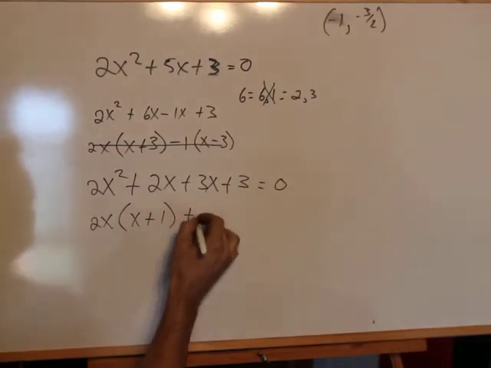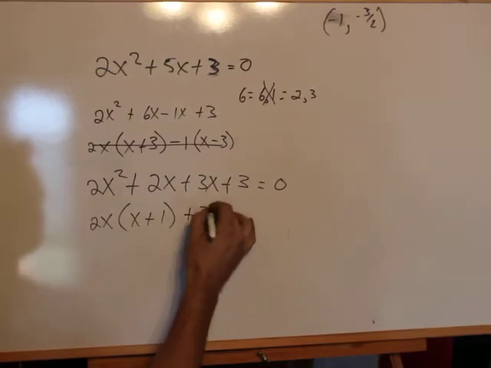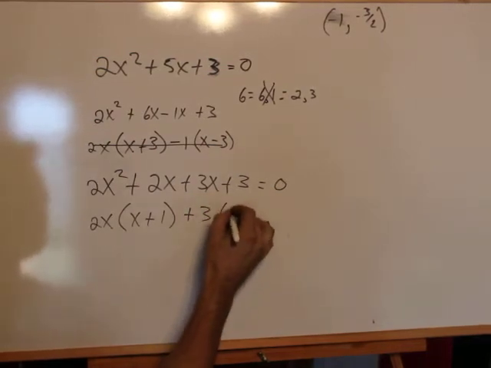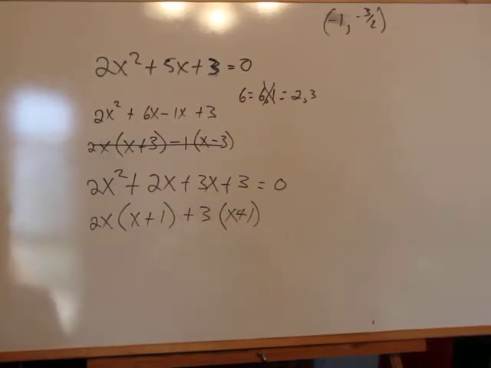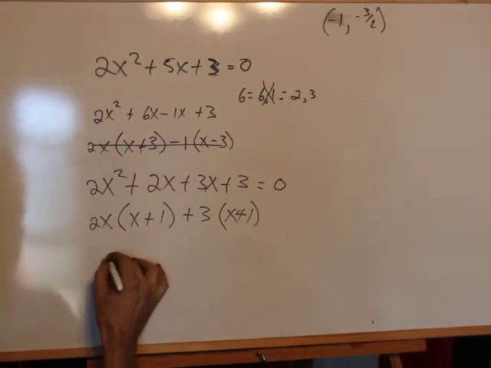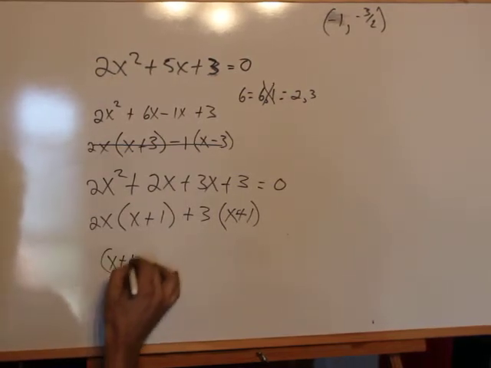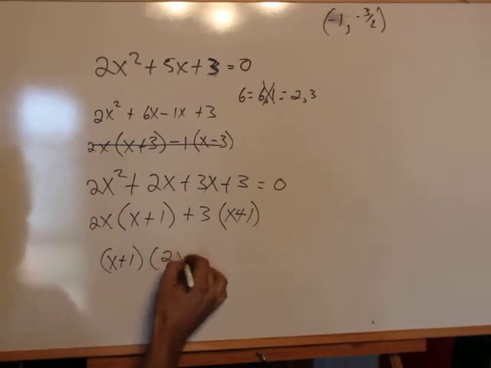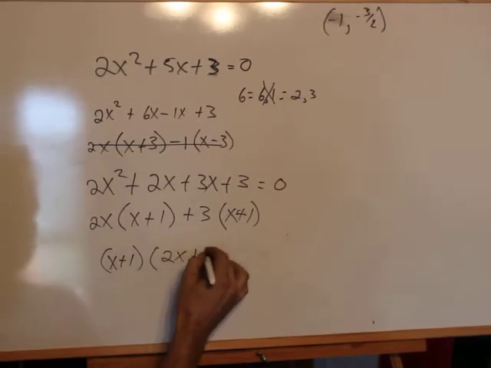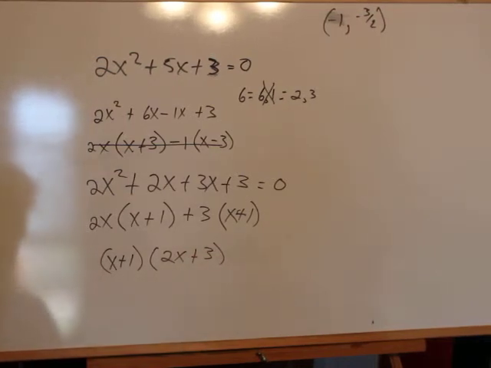Bring this sign down, we can factor a 3 out here, and we're left with an x plus 1. You can see that we have an x plus 1 common factor, so we'll factor that out, x plus 1, and that leaves us with a 2x plus 3.